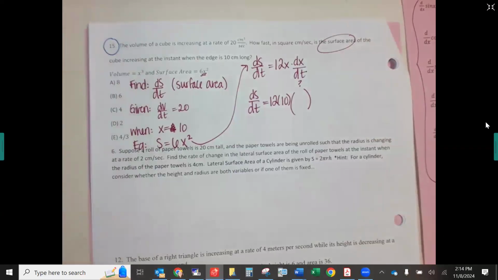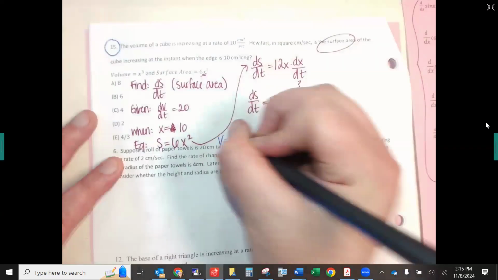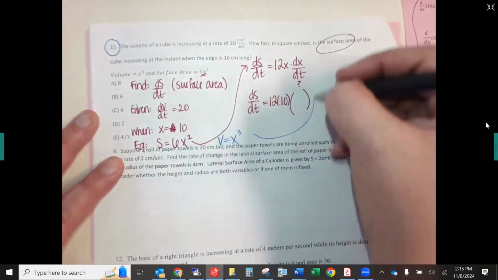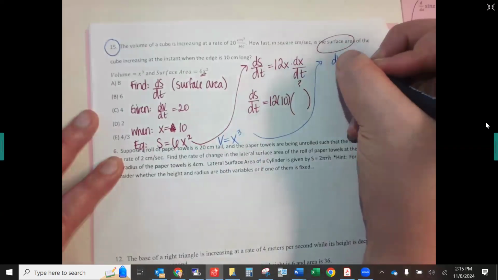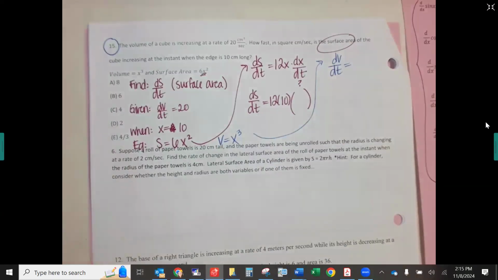So you end up having to do a little mini side quest, basically, to find what your dx/dt is to know what to put there. What other information did they tell me? Not just surface area, but also volume. They told me that volume is x cubed. Well, then I'm going to take the derivative of that and hope that it will help me figure out dx/dt.